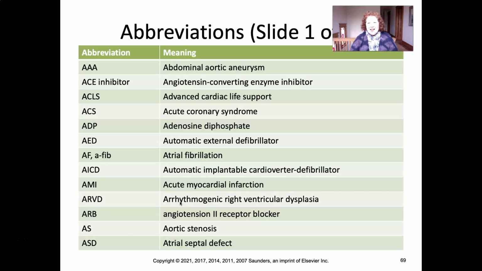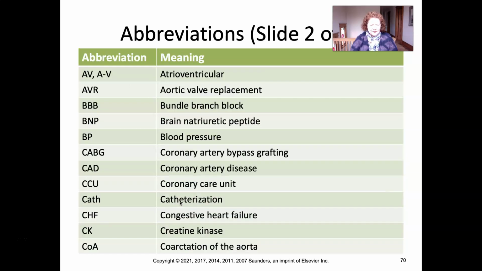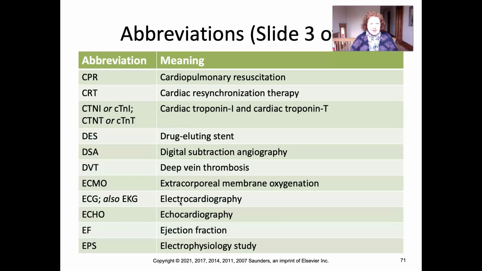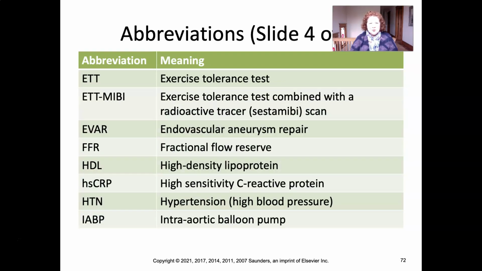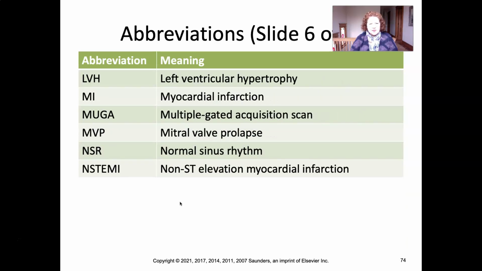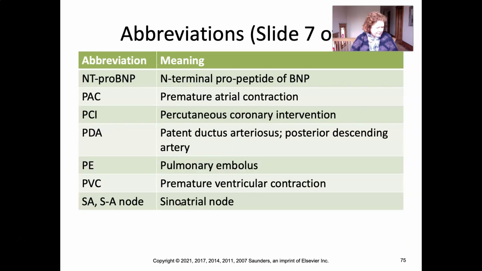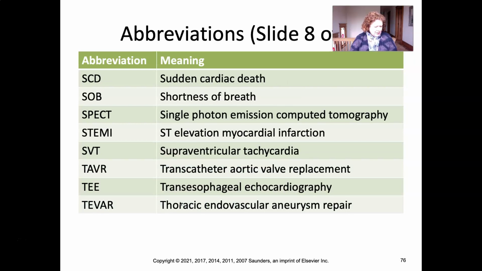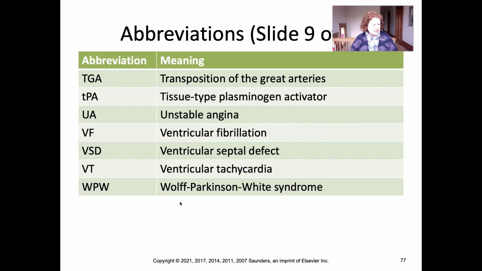Abbreviations. Oh, there are lots. When you get to the cardiovascular system, there are so many. So here we go. Pages and pages. And of course, you have all of these slides available to you if you want to print them out or make notes. So I'll move through here a little bit quickly.